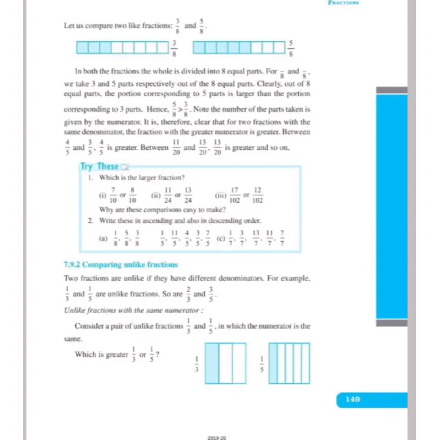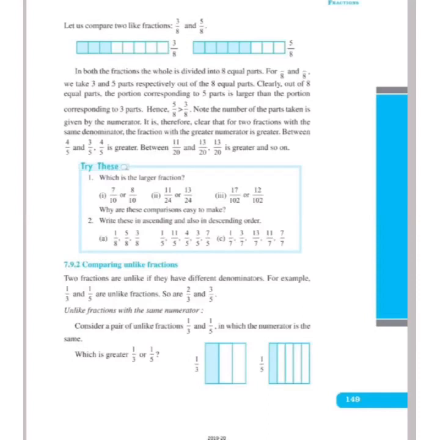Now comparing unlike fractions. Children, you know what unlike fractions are? Fractions with different denominators and different numerators are known as unlike fractions. Children, here the method is different from comparing like fractions. See on page number 149, two squares are given.